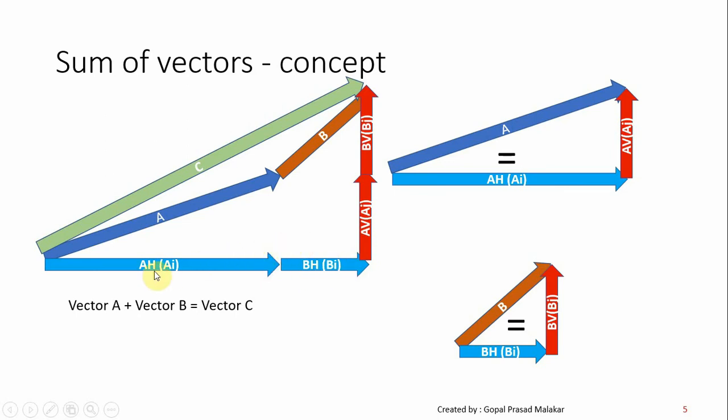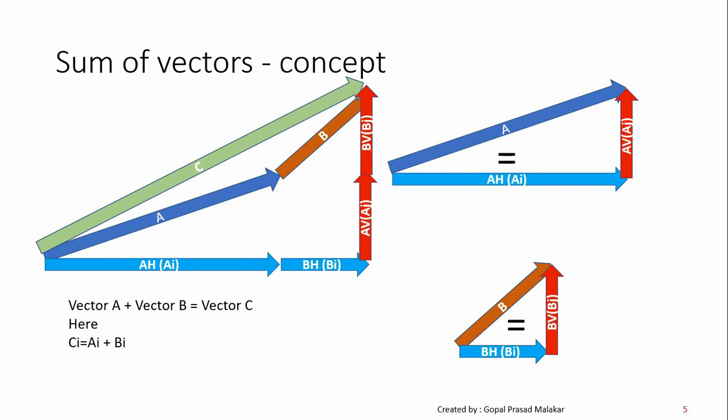So essentially if you think of A plus B equal to C, you can say Ai plus Bi, which is the horizontal component, is one big horizontal vector, and Aj plus Bj is one big vertical vector, and that's what is also giving you C. So if you ask me what is the horizontal component of vector C, it will be Ai plus Bi.